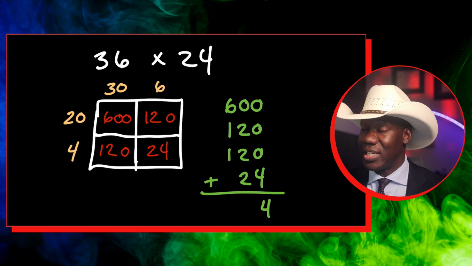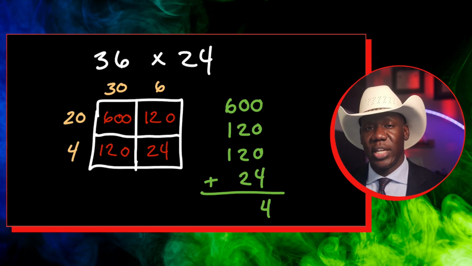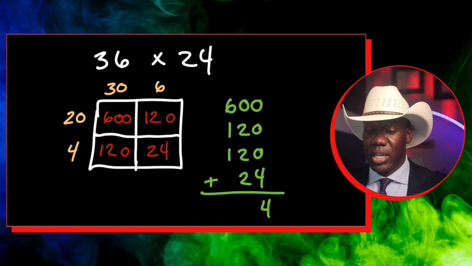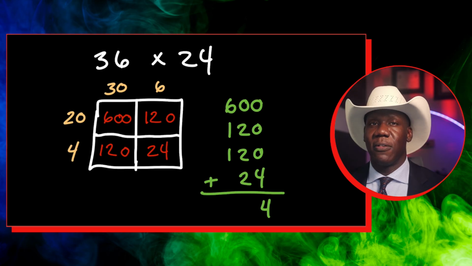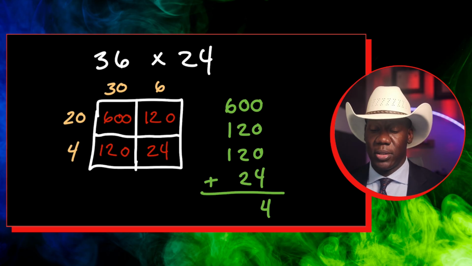Remember, neatness is the key when we're doing this addition or when we're doing anything in math. You want to make sure it's neat. That way you don't get confused or lost on your steps, and you can complete these properly.